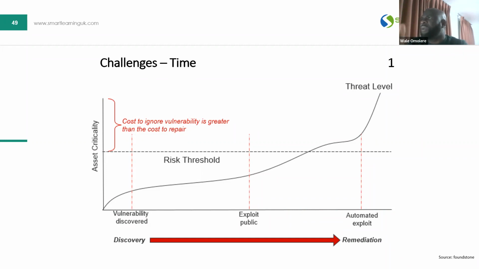When we say exploit code is in the wild, what we're saying is there is a known vulnerability, and there is also the know-how to exploit it. If you have a situation where there's a known vulnerability and how to exploit it is in the wild, then there's a problem of time.